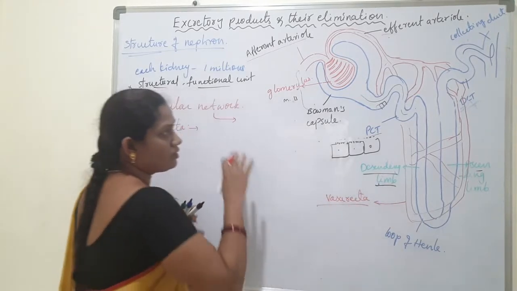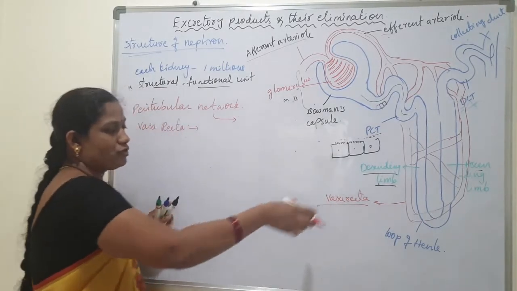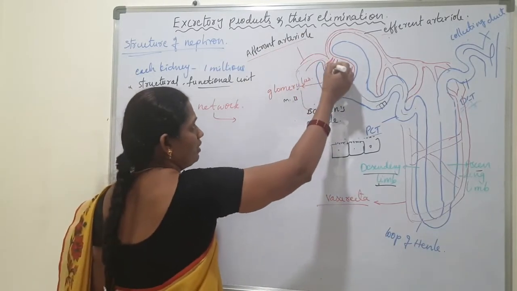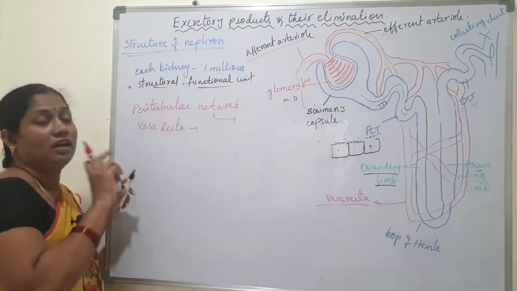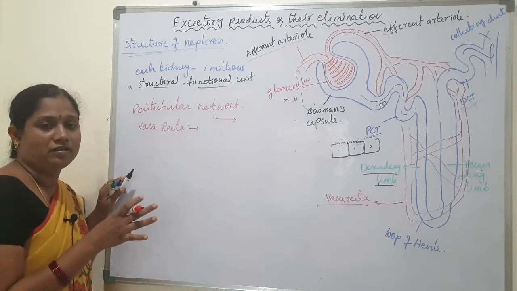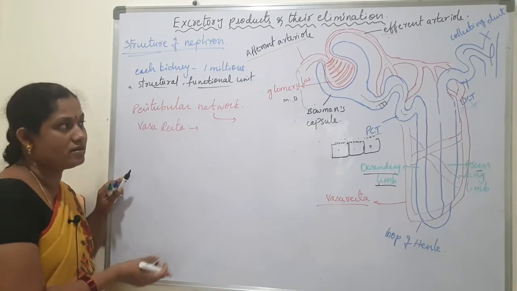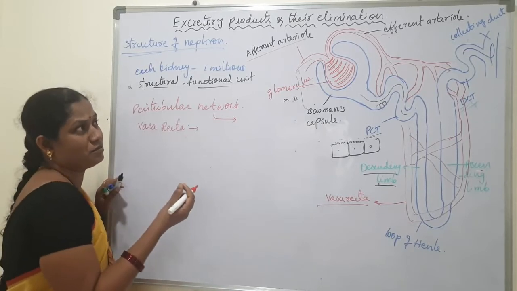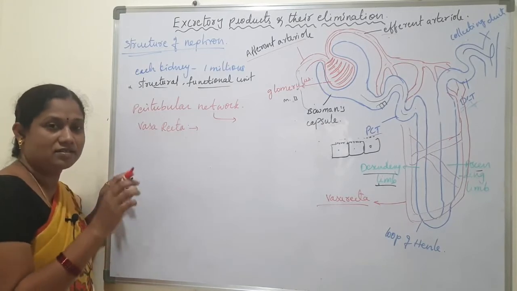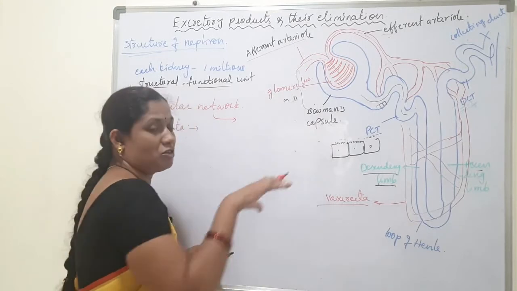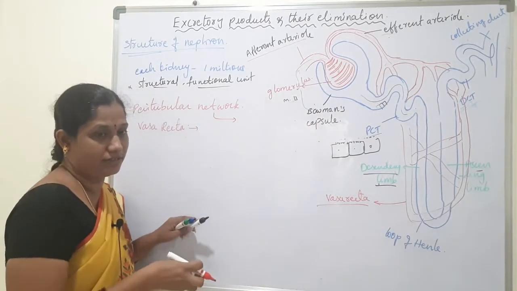Blood flows through the vasa recta. First, blood enters through the afferent arteriole, which has a larger diameter, while the efferent arteriole is smaller in diameter. As a result, some pressure develops in the glomerulus, and that pressure is very helpful for the filtration process.